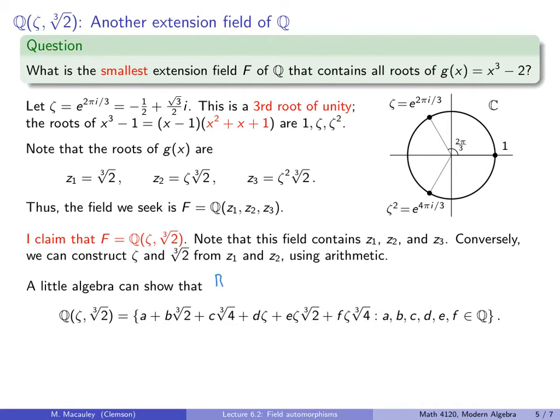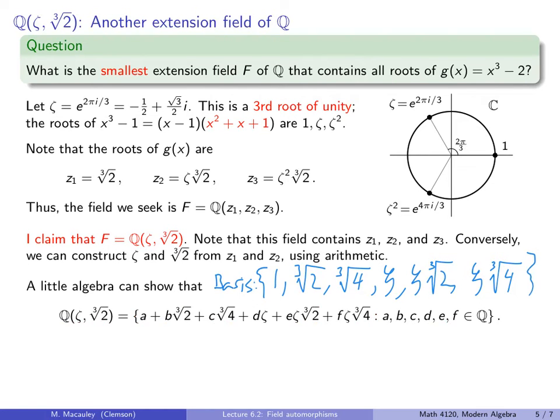In other words, the following set is a basis for this field extension over Q: 1, the cube root of 2, the cube root of 4, which is just the cube root of 2 squared, zeta times the cube root of 2, and zeta times the cube root of 4. So that's our basis. And it's not hard to see why everything can be written like this.